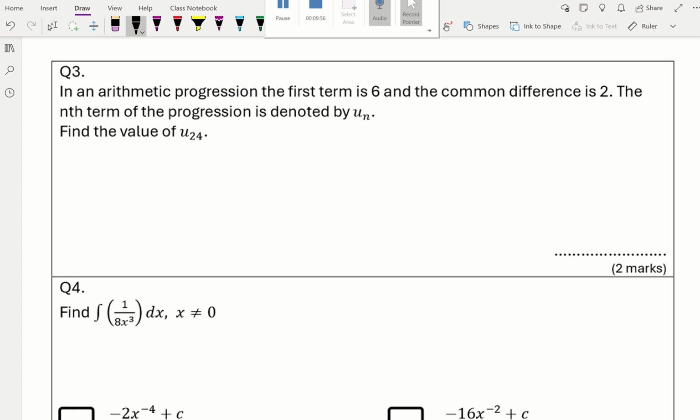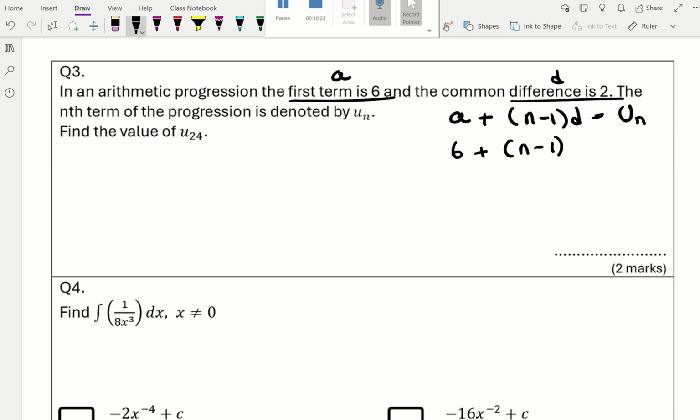So the nth term formula is a plus (n minus 1)d. That gives you the nth term, or un. So first term is a, that means a is 6, and d is 2. So just substituting that in, 6 plus (n minus 1) times 2.